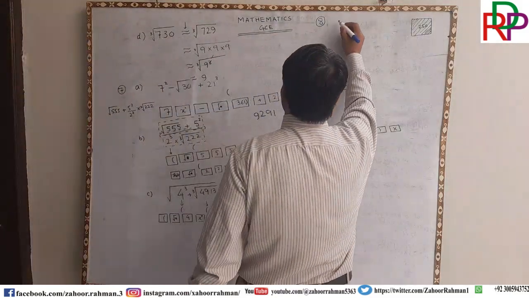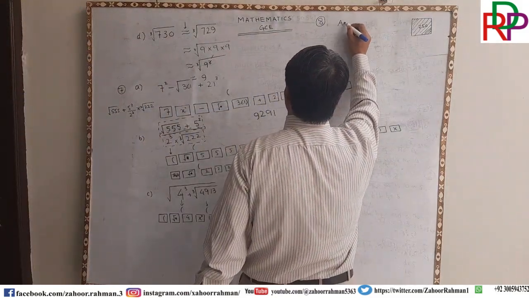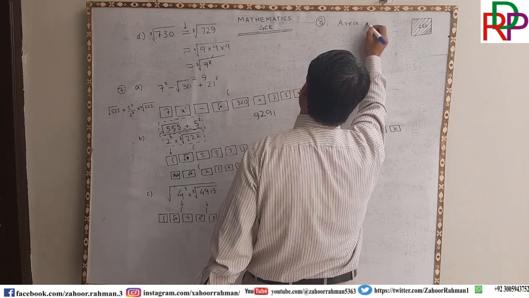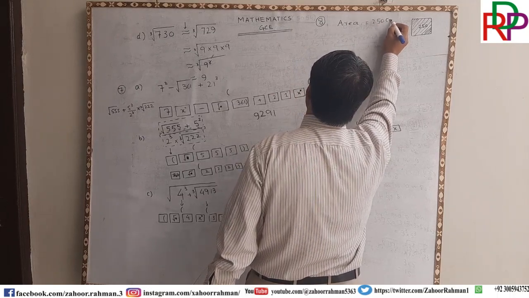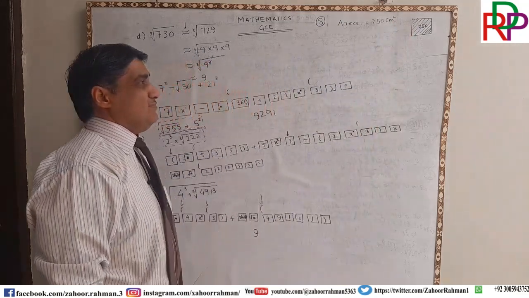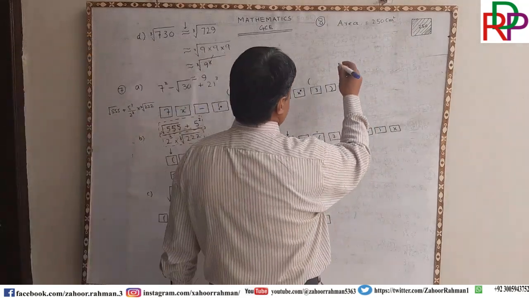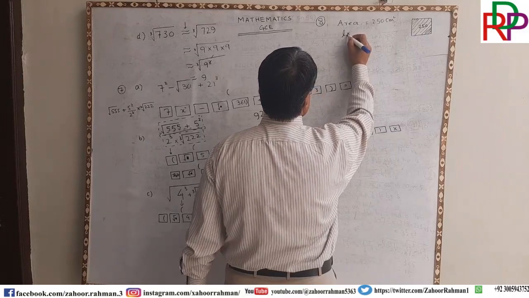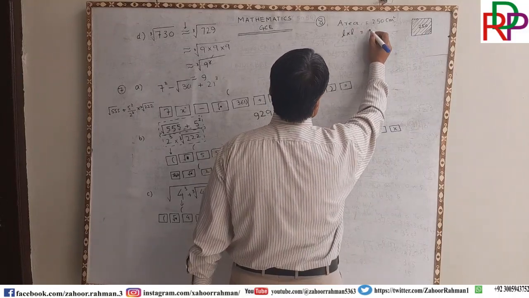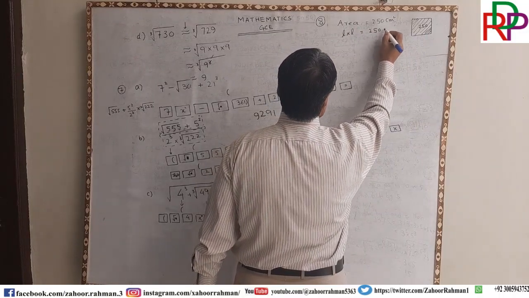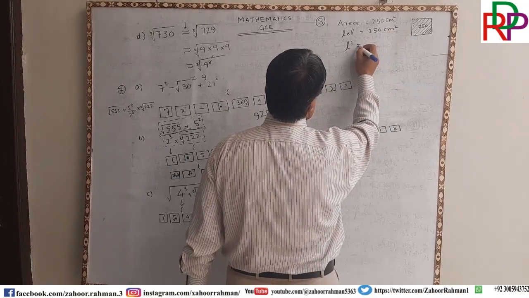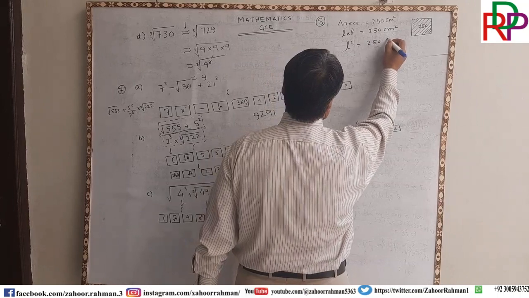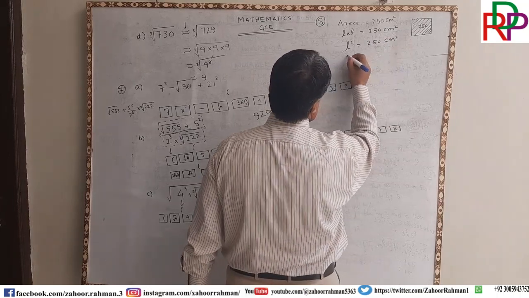So I am writing that area is equal to 250 centimeter square. Now area can be represented by L cross L. This is 250 centimeter square, so L square is equal to 250 centimeter square.